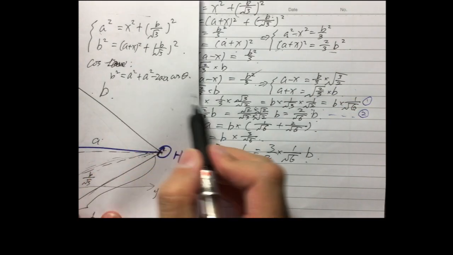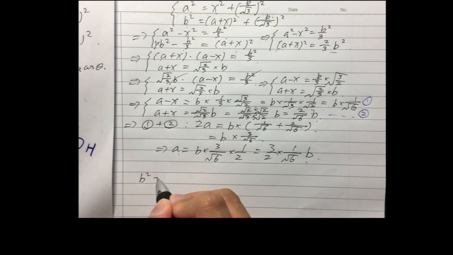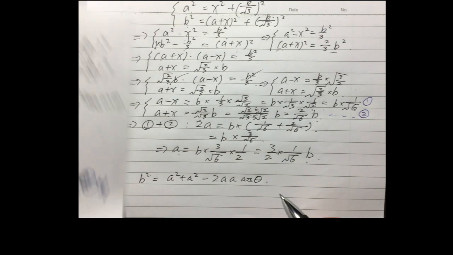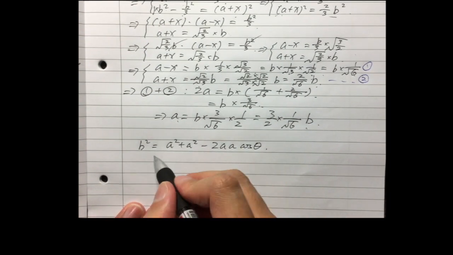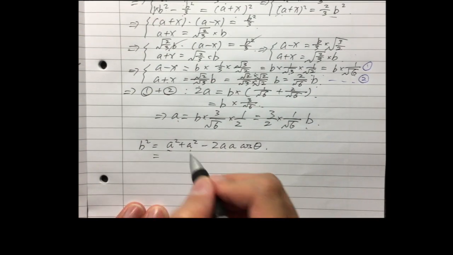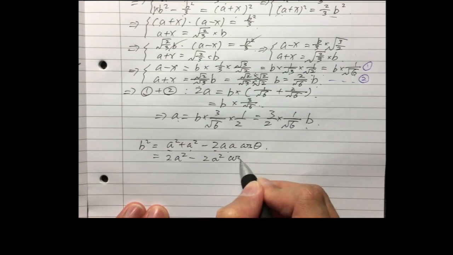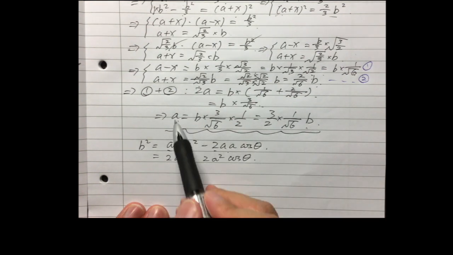So we copy this to here. And here we go. I just simplify and add them together, which will be 2a squared minus 2a squared cosine theta. From here, we have the relationship between a and b.